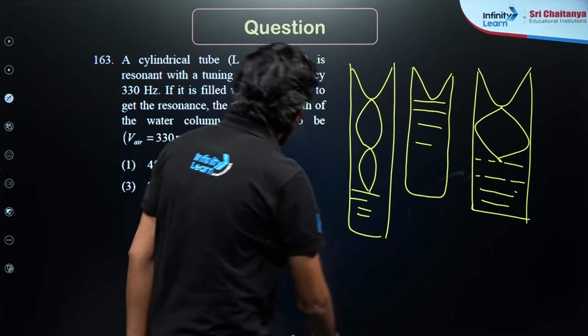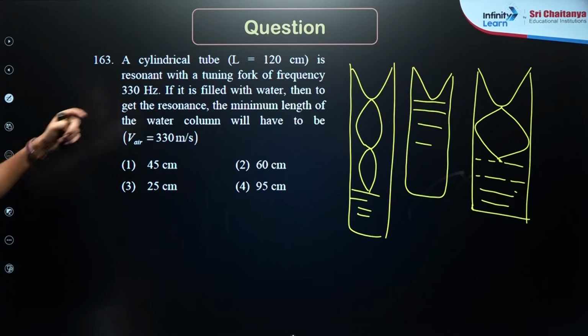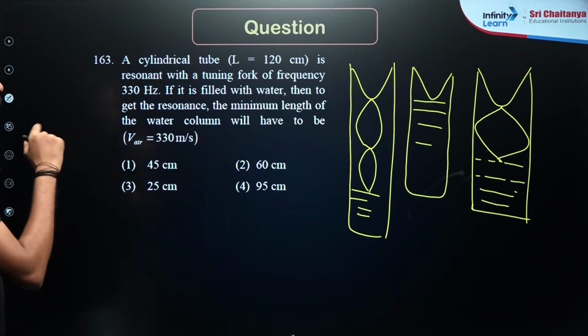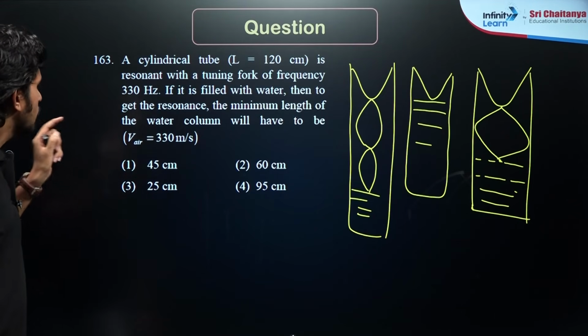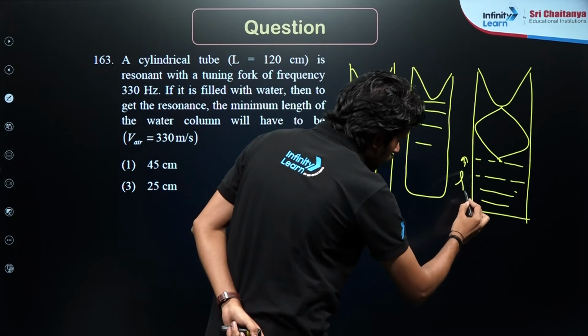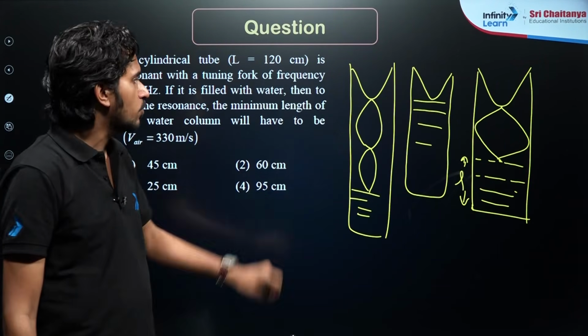Now what do we need over here? With the tuning fork of frequency 330 Hertz, if it is filled with water, to get the resonance, what should be the minimum length of this water column? That's what we need to find in this problem.